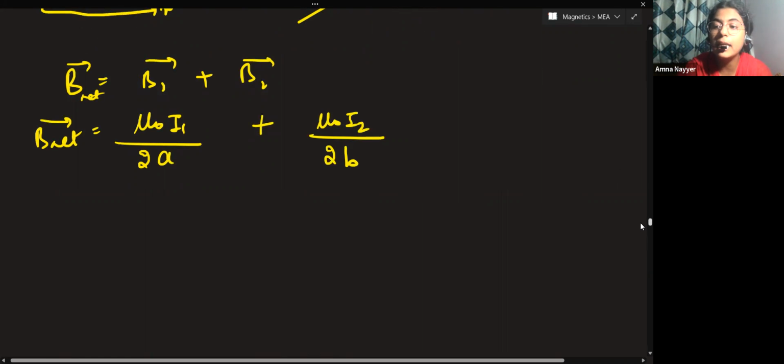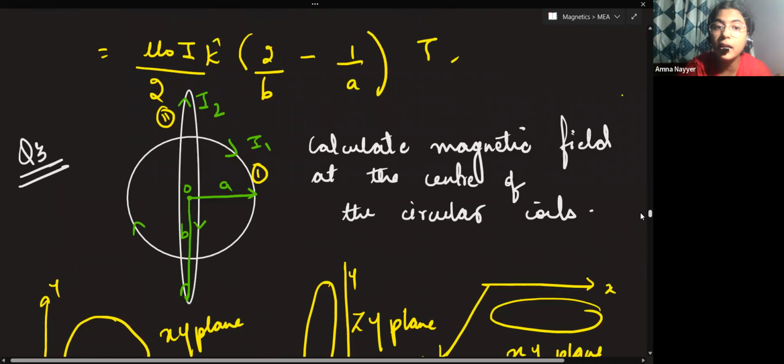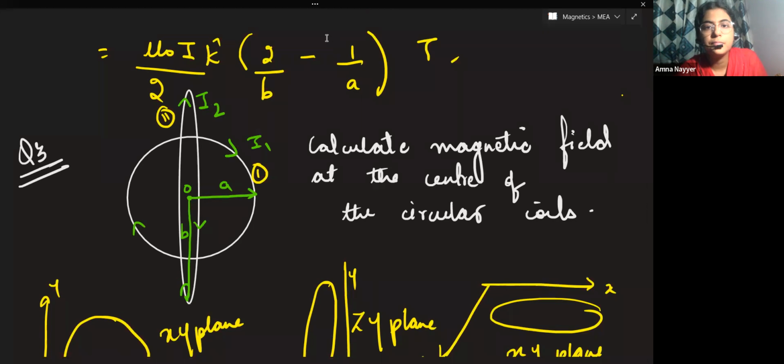All of you quickly write me the unit vectors, right now. What should be the direction of the first one and what should be the direction of the second one? Remember their planes. For B2, this is the sense of current.